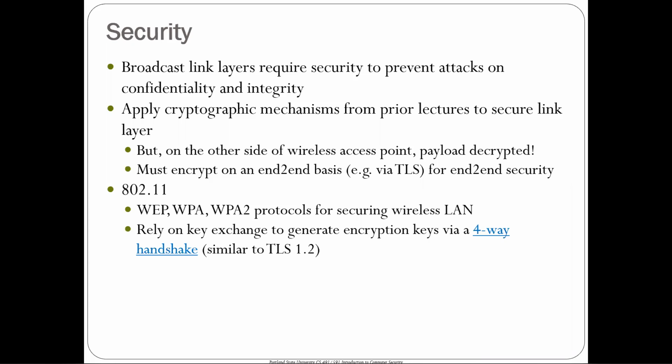The exact same style of key exchange is going to be done between a client machine and the access point, but it's going to be done in a point-to-point manner so that on the other side, it gets decrypted and sent in the clear. Now, this prevents a person on the wireless network from modifying the messages and overhearing the contents. But on the other side of the access point, it's decrypted.